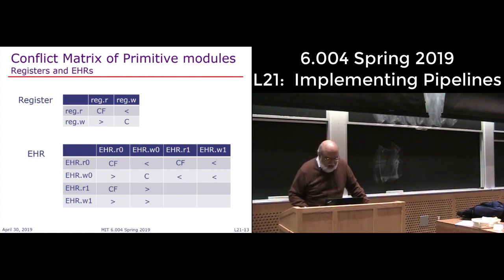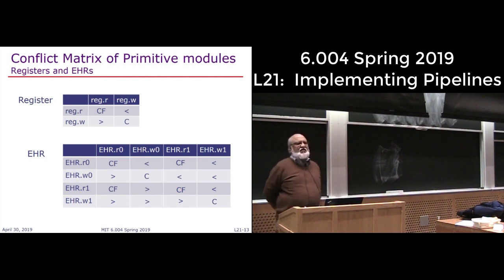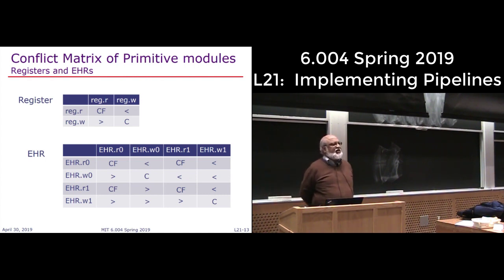Sorry, with write 1, W0 comes before that, and in case of read, I'm not showing it here. I think you can fill out all these entries. You just have to analyze that circuit and you'll be able to figure out the conflict matrix. So this is the conflict matrix we're going to assume for our register, for EHRs.